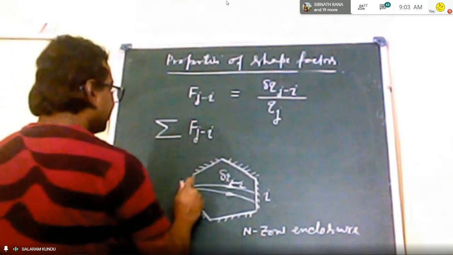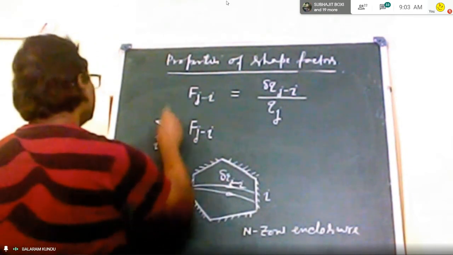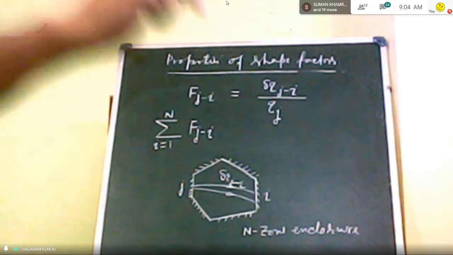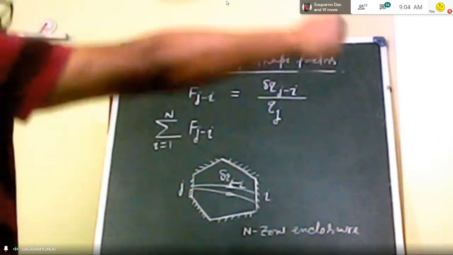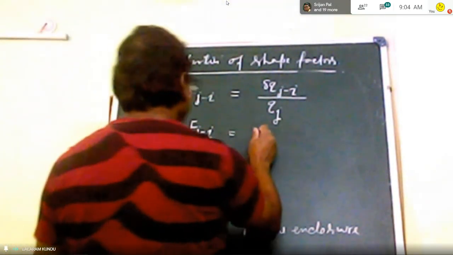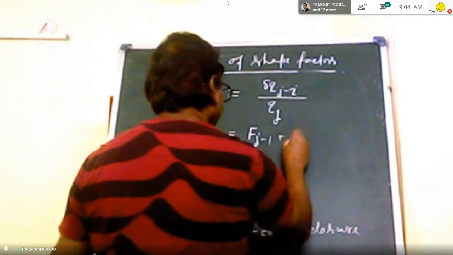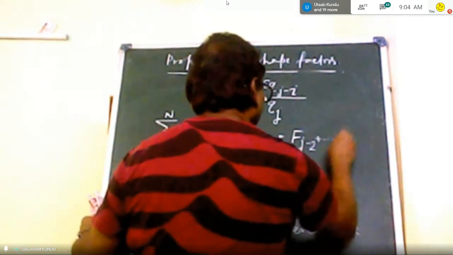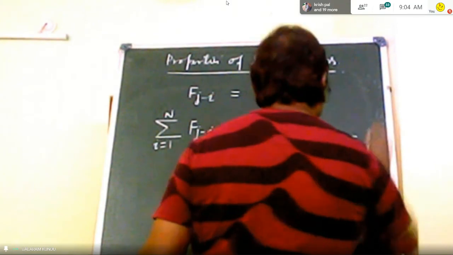This is your J surface, and the I surface we consider I equal to 1 to n, meaning J to 1, J to 2, J to 3, like this up to J to n. Mathematically, we expand this: F of J to 1 plus F of J to 2 plus dot dot dot plus F of J to n.